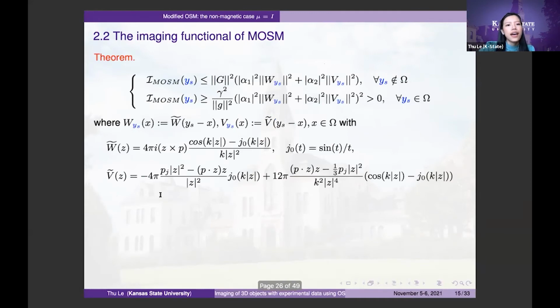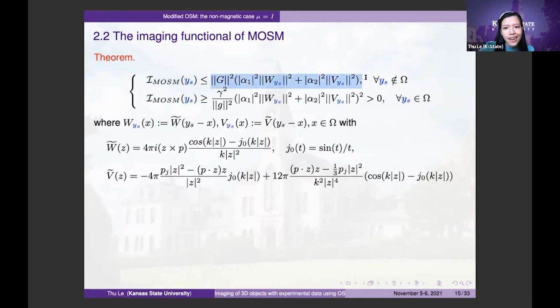Now this is the main theorem of this project. We can have an estimation for the imaging functional. You can see here, we can derive the upper bound and the lower bound for the IMOSM.